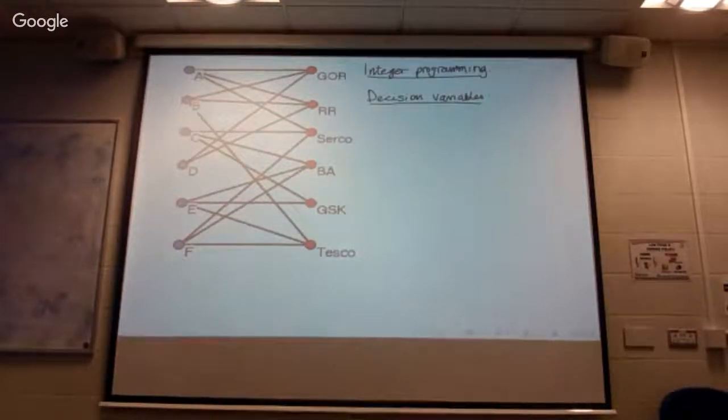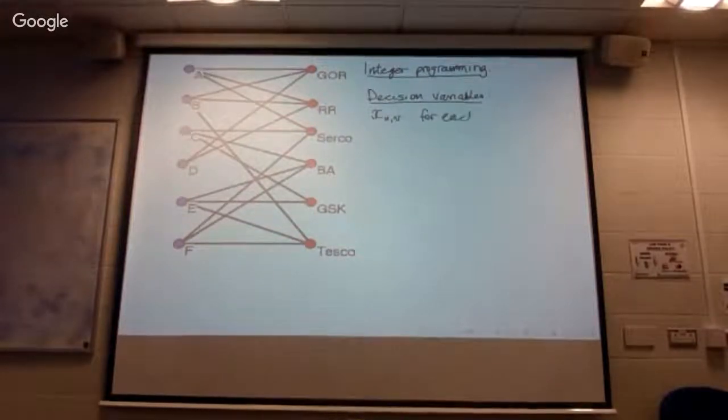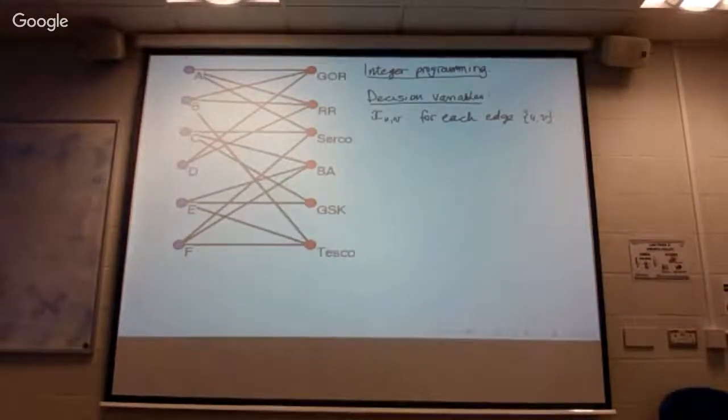Okay. So the decision variables we had was there was one for each pair, girl and boy, right? And so here we'll have x_uv for each edge. So if u and v form an edge, two vertices, then you introduce a decision variable for this particular edge, and in a solution, x_uv equal to 1 means that this edge is in the matching.